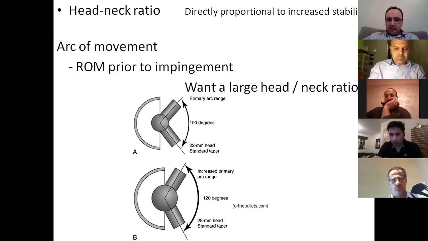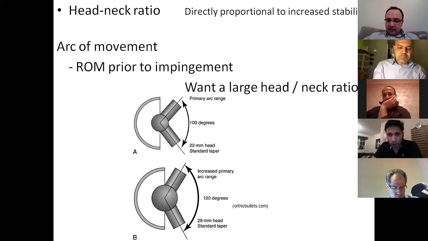You can see here in this picture, the top image has a smaller head-neck ratio in comparison to the bottom image. And you can see how the arc of movement in the bottom one is 120 degrees and the top one is 100 degrees. Therefore, the bottom one has to travel 120 degrees before it impinges.